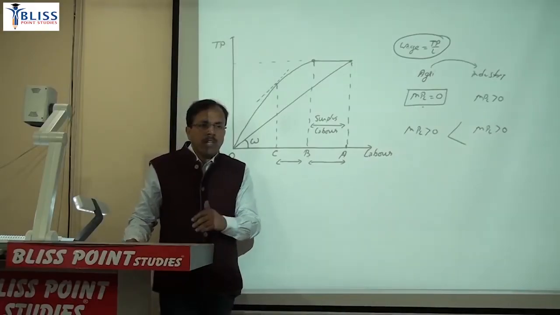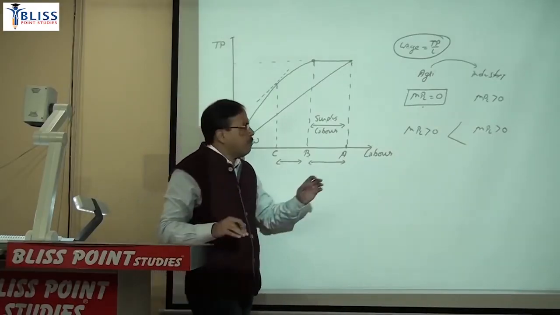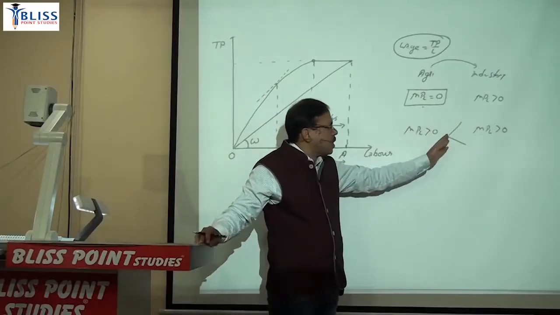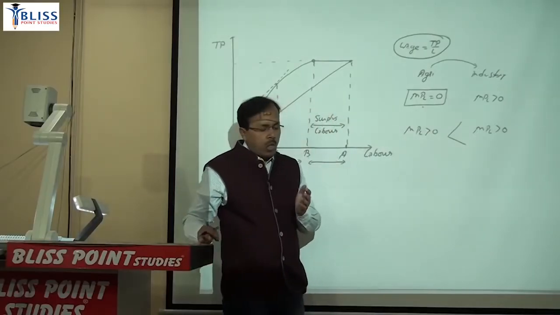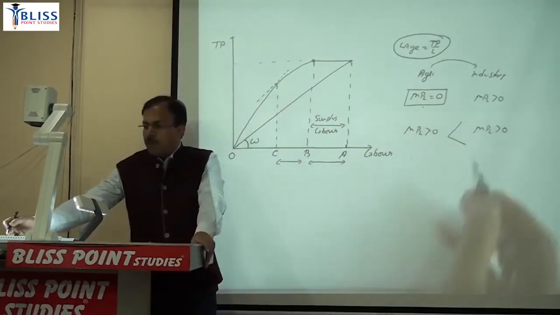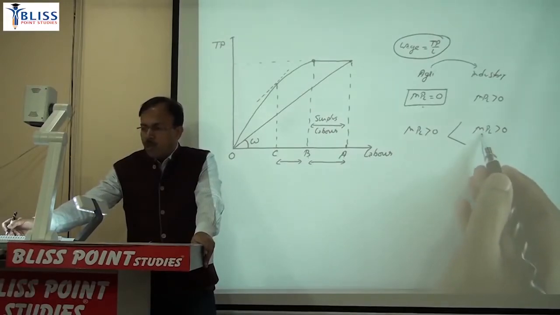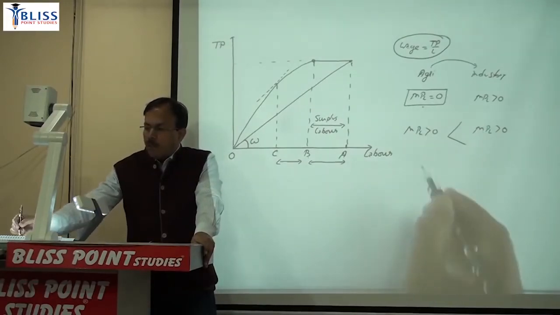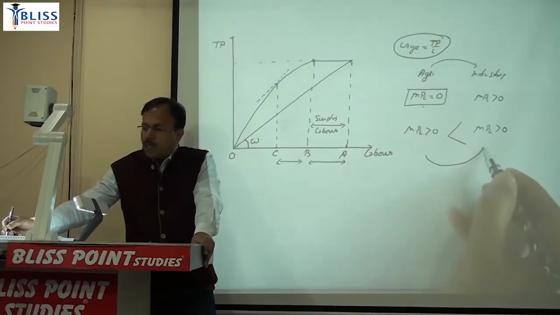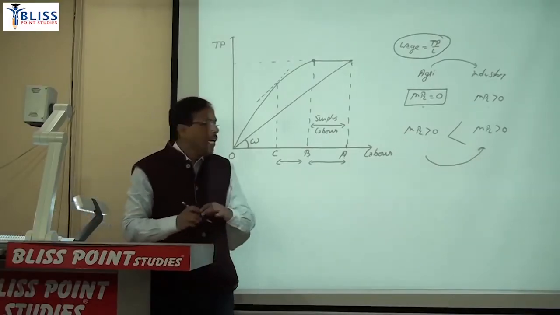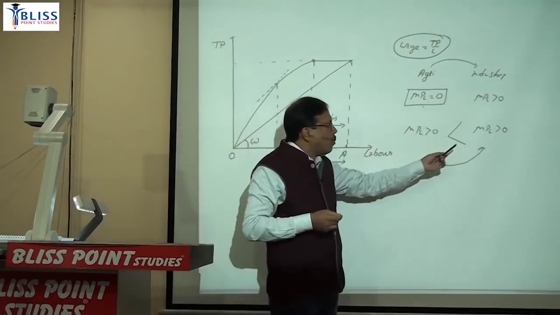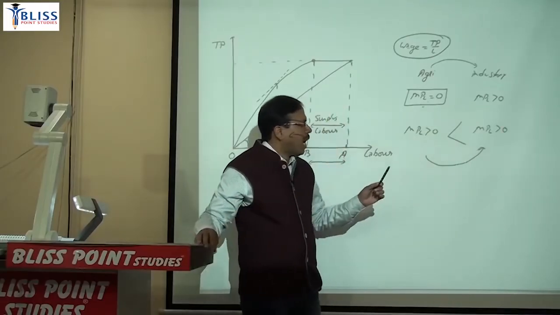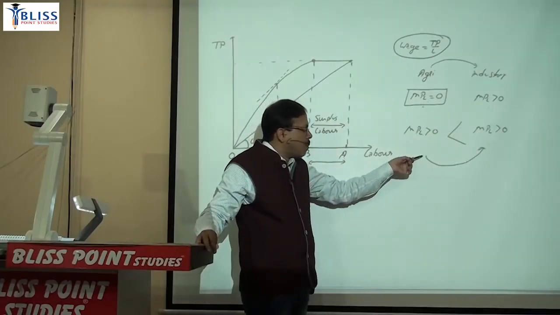So from that, what can we infer? If marginal productivity in agriculture is positive and in industry also positive, but marginal product in industry is more, it means that if one laborer migrates from agriculture to industry, it will increase total output by a greater amount and reduce agricultural output by a lesser amount.